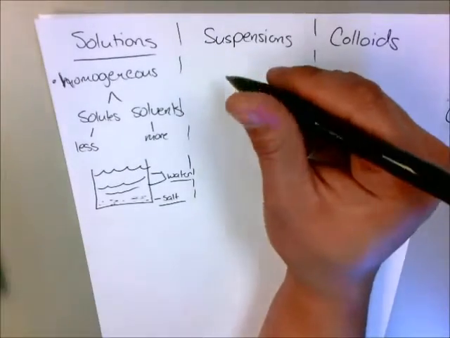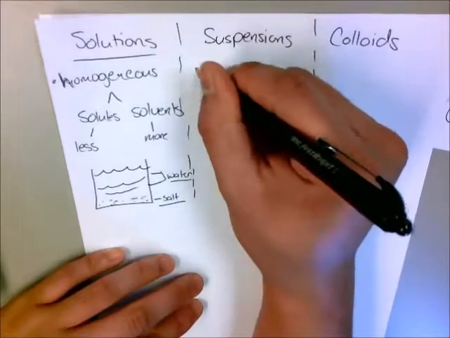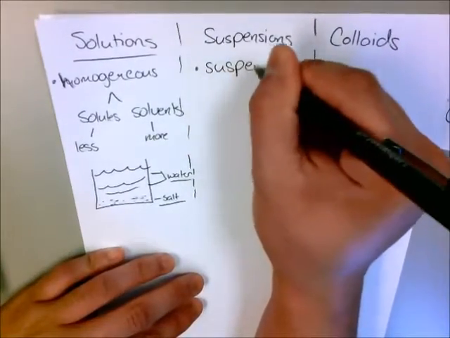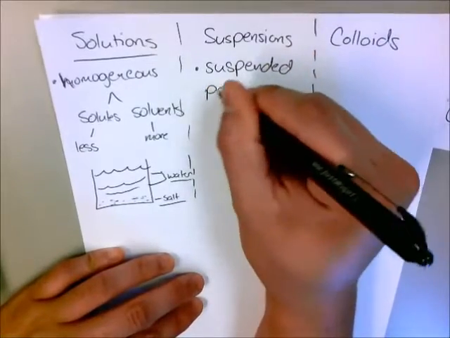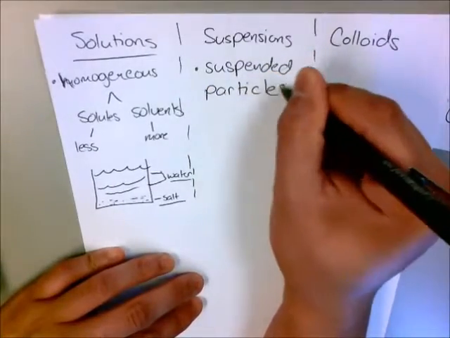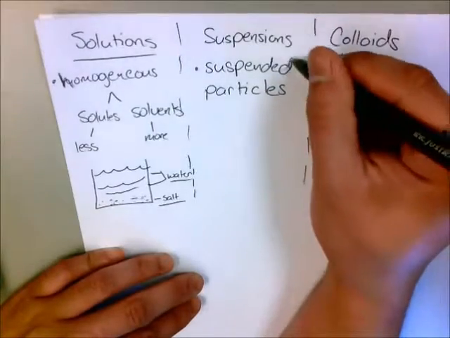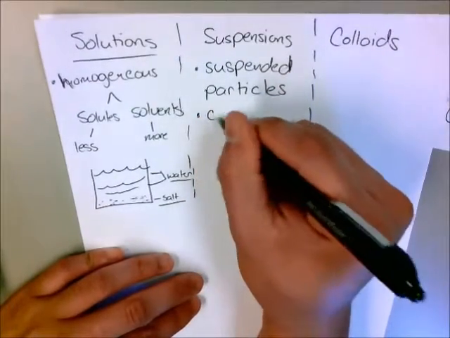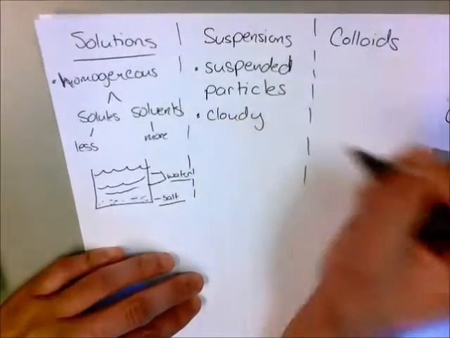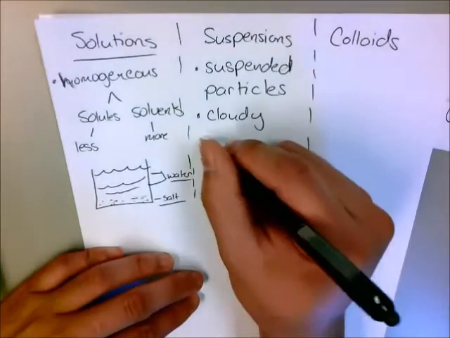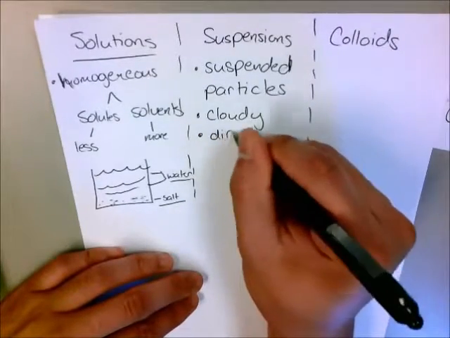On the other hand, suspensions are going to have suspended particles. So I can't use salt and water for this example because it doesn't create this cloudy look. But the idea of a suspension is that it will have a cloudy or dirty look, I guess.